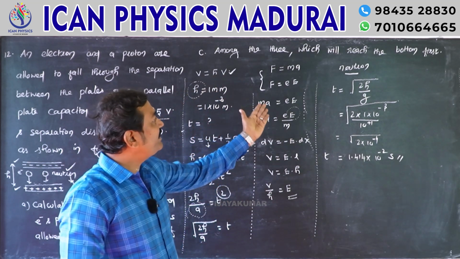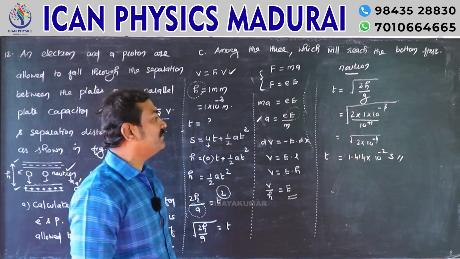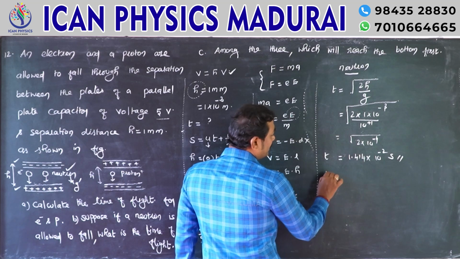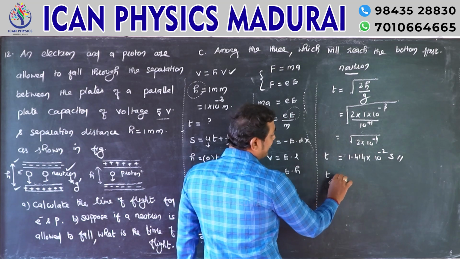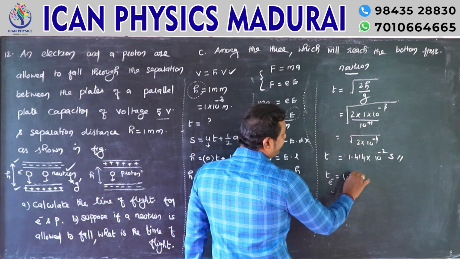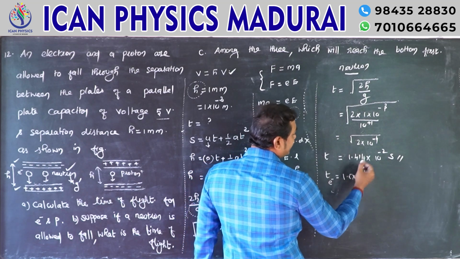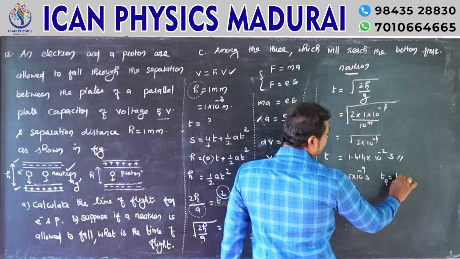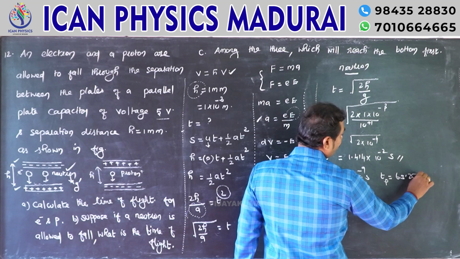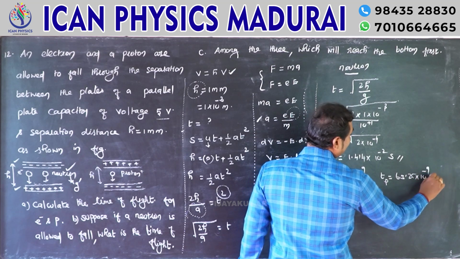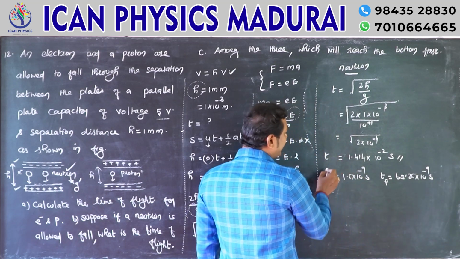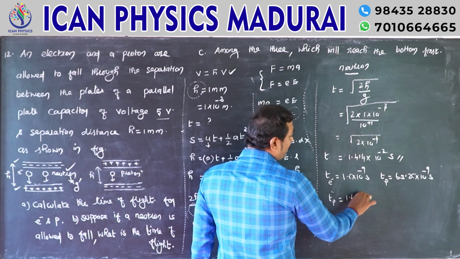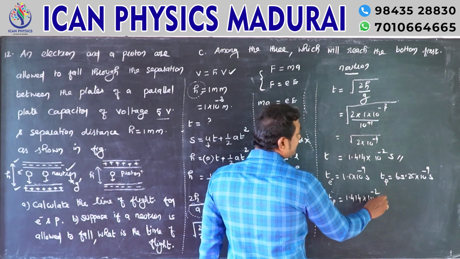Among the three, which will reach the bottom first? For electron, time of flight is 1.5 into 10 to the power minus 9 second. Time of flight for proton is 63.25 into 10 to the power minus 9 second. Now time of flight of a neutron is 1.414 into 10 to the power minus 2 second.